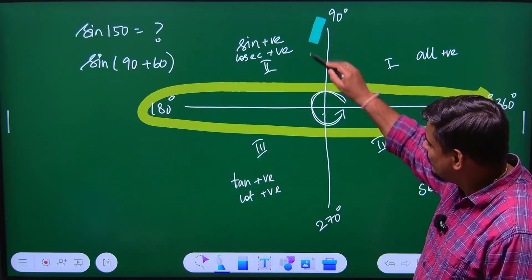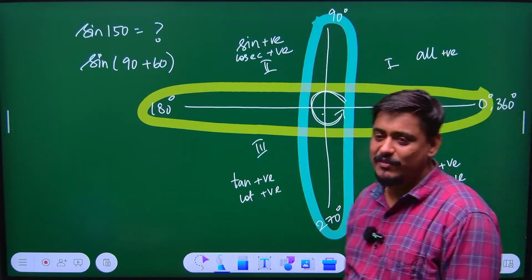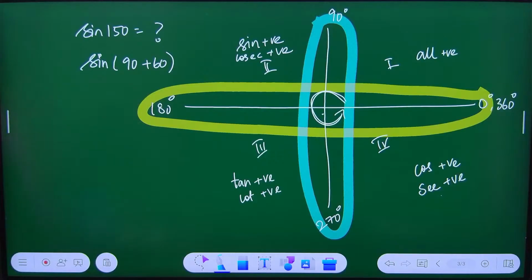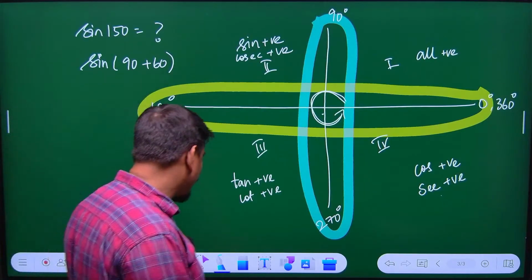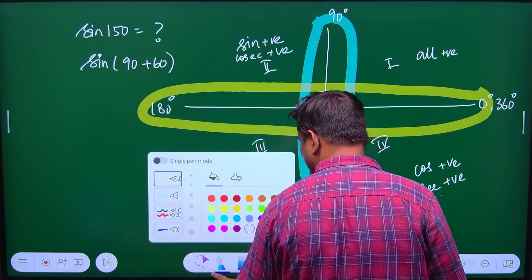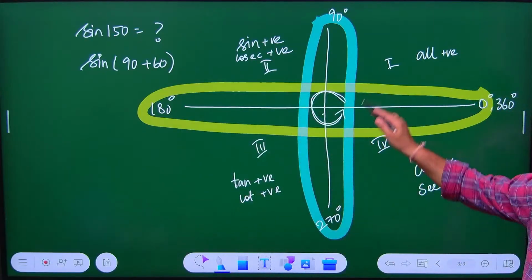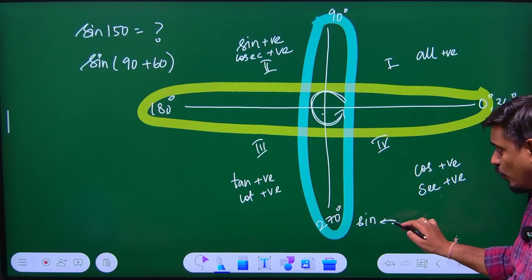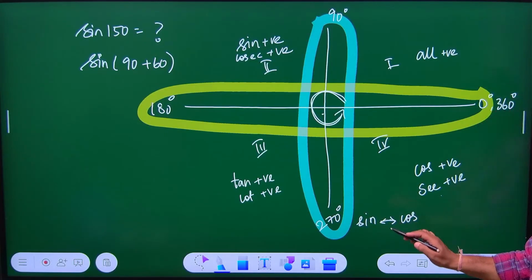This line is there, no? The 90 to 270 line. This is the more powerful line. What is the meaning of more powerful? More powerful means this line changes sine to cos and cos to sine.